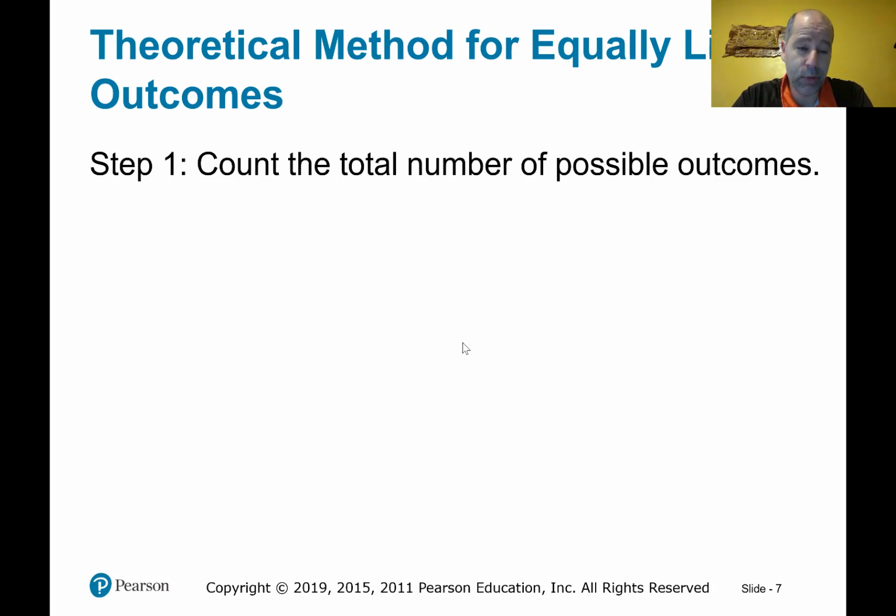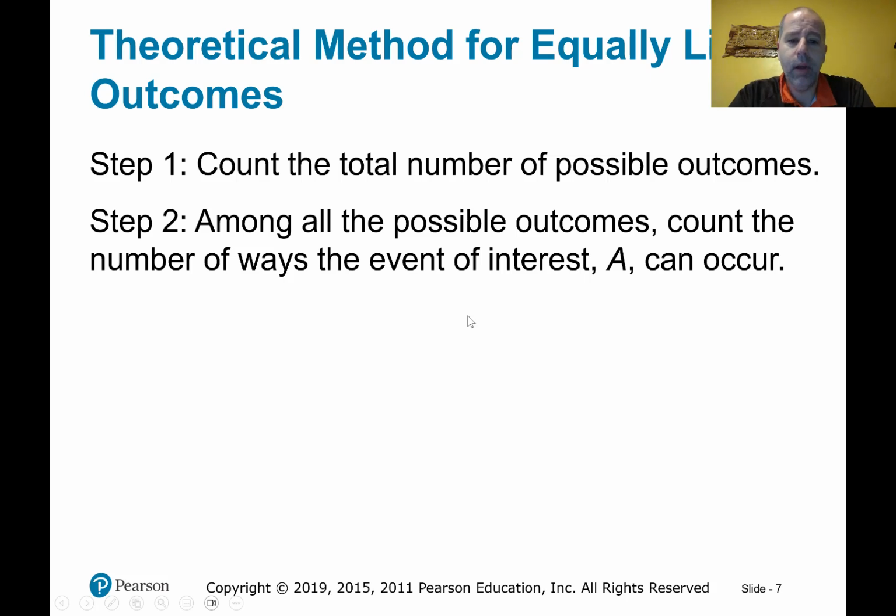One is the total possible outcomes. Two, among the possible outcomes, we count the number of ways that the event we're interested in can occur. The sample space is all possible outcomes, and out of those outcomes, how many will result in the event A that we're interested in?